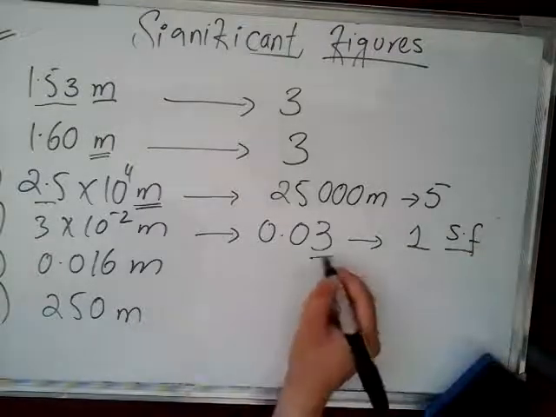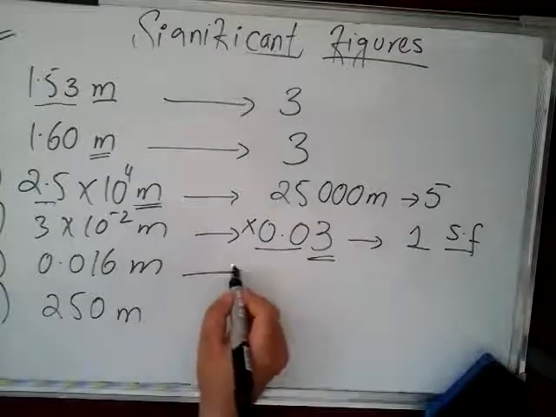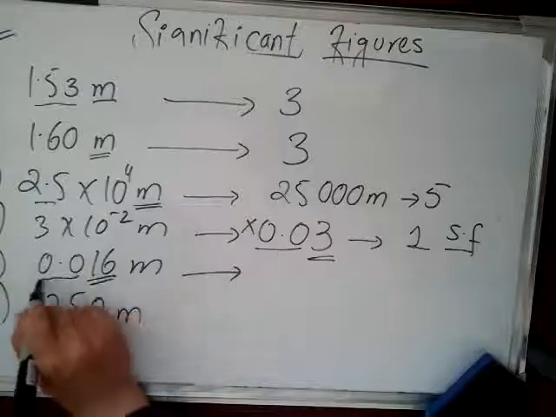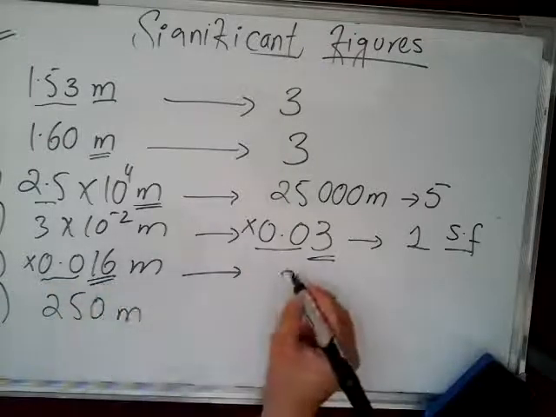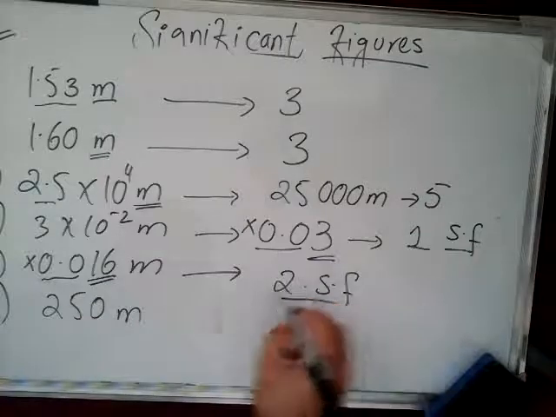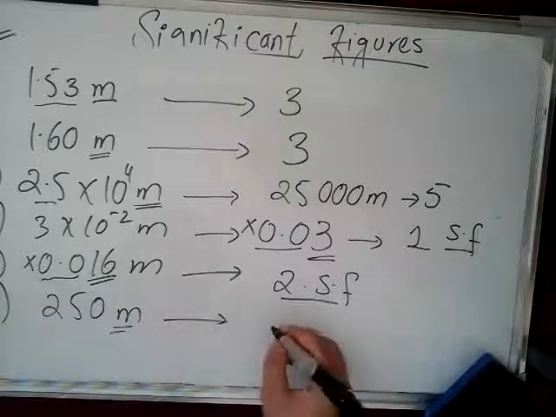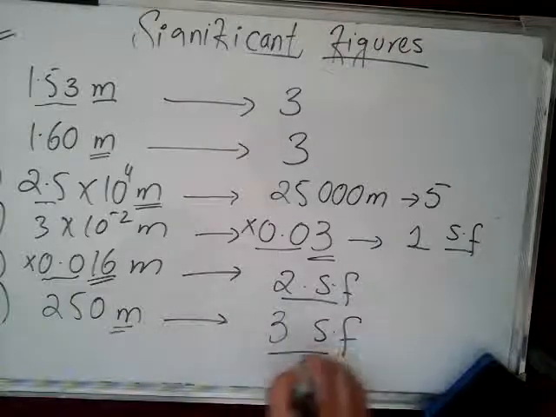Because only natural numbers are counted. Zeros on the left side will be skipped, we will not count them. So here 0.016, the zero will not be counted. 1, 6, 2 numbers, so 2 significant figures. Here 250 meter, now the unit is present with 250, so 3 significant figures are present.